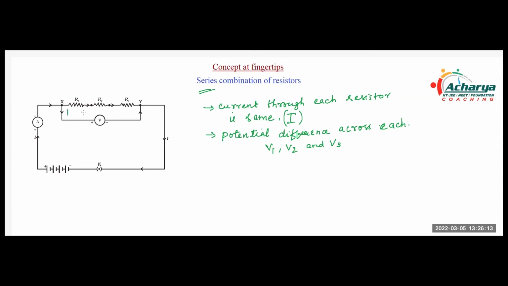We can say the potential difference across R1 is V1, across R2 is V2, and that of R3 is V3. So it depends upon the value of the resistance.